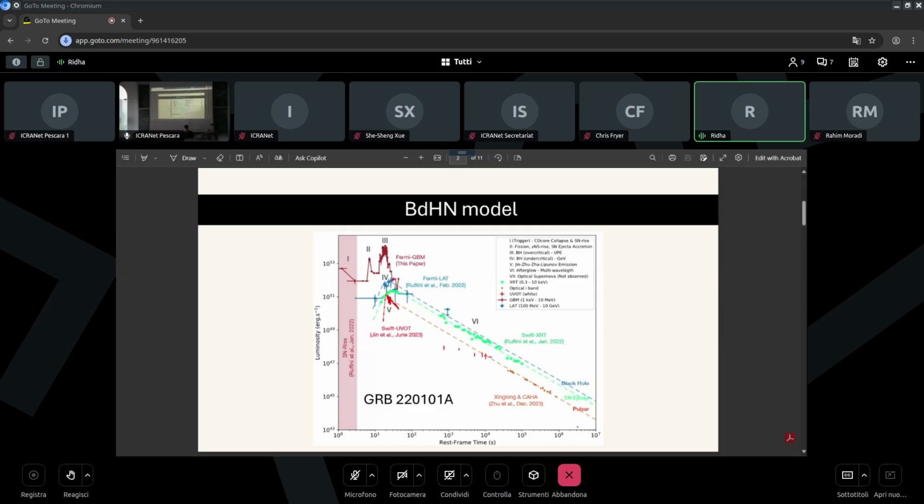So the progenitor in this model for GRBs is a 10 solar mass carbon oxygen star and then a 1.2 solar mass neutron star.